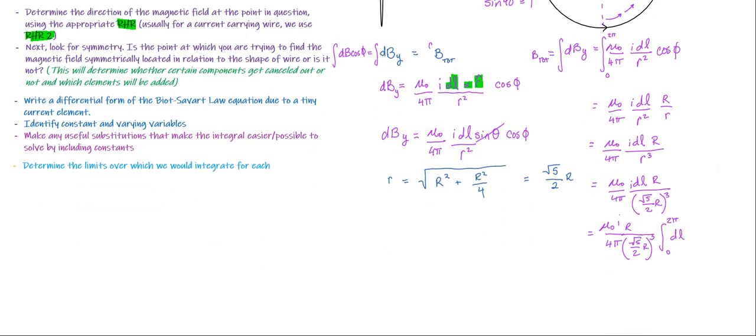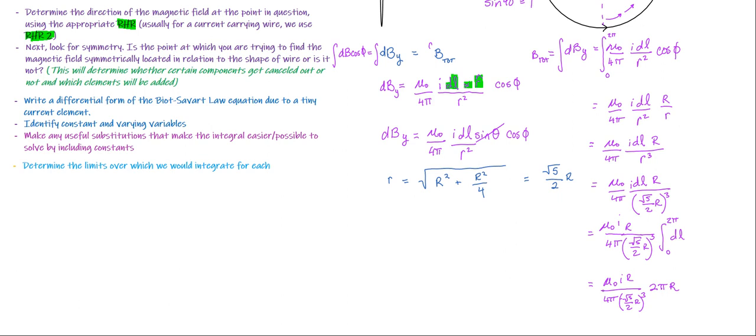So when we do the integration here, what we essentially get is mu naught I times r over 4 pi, and then all of this again, root 5 over 2 times r cubed, and then 2 pi uppercase r. Okay, so that's essentially what was all added up around the loop.